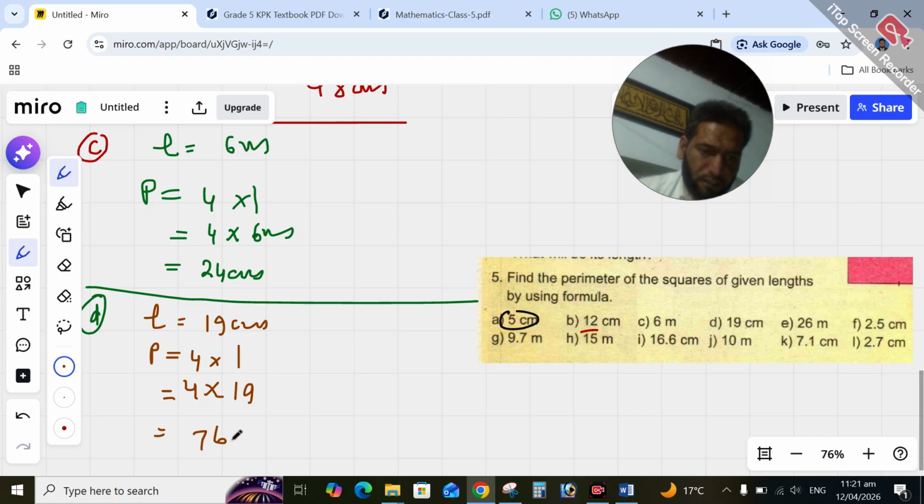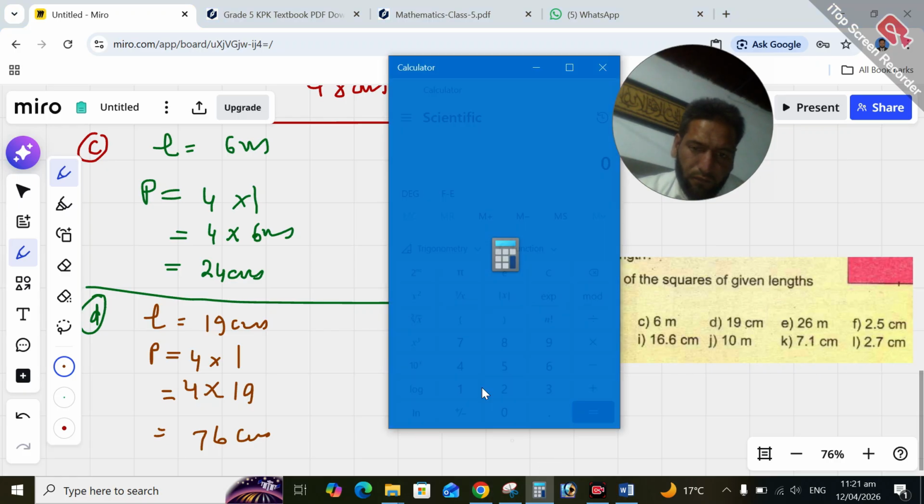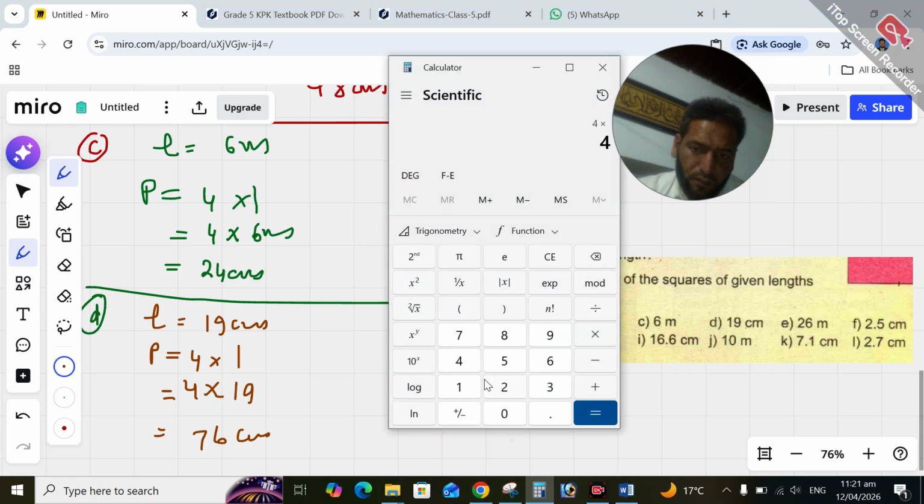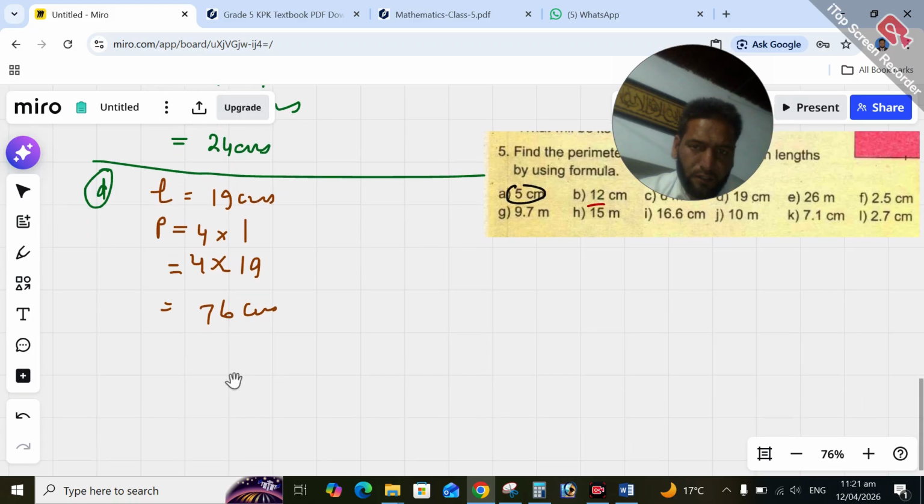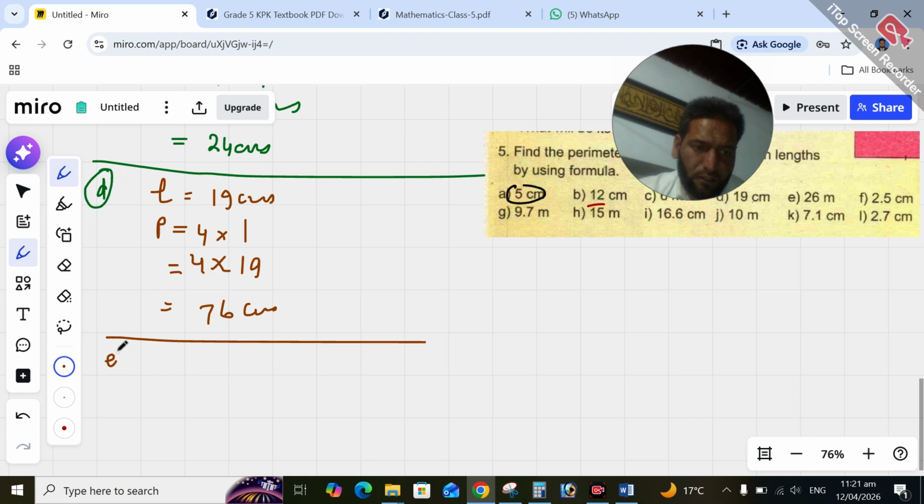So 76 centimeter is the required perimeter.